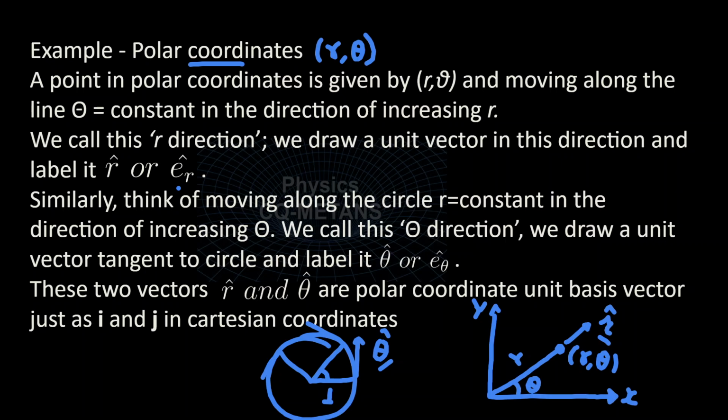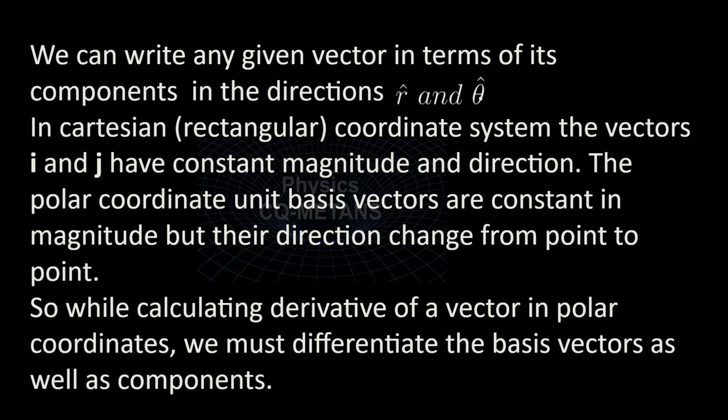These are similar to i and j in Cartesian coordinates. Now we can write any vector in terms of r and theta, but there is one thing we should take care of.